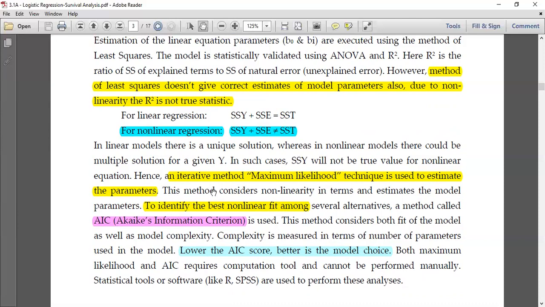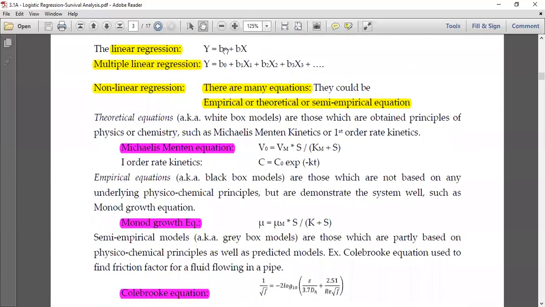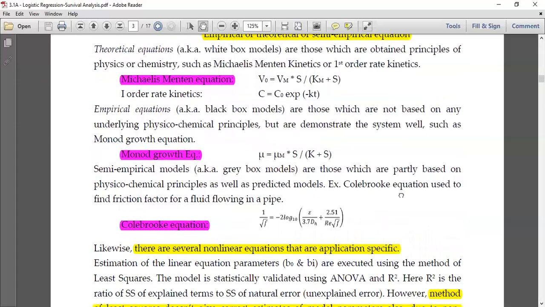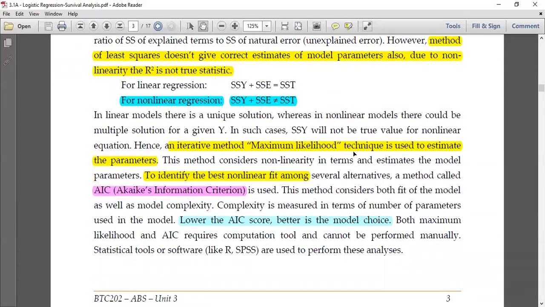Unless and until that error is minimized, it keeps iterating. So it revises the values of beta. The values we have here, b or b naught or beta, are revised, and new values of b naught and b1 are calculated for the nonlinear equation. These are not the linear ones; I'm talking about the nonlinear equation. And it is done until the overall error is reduced.